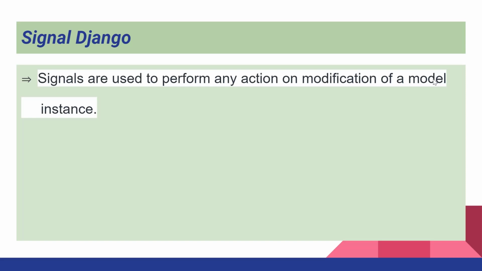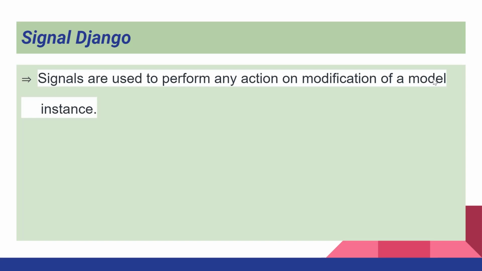A signal means one man raises a flag so that the two fighters understand this is the start of the fighting. Then he drops the flag, so that is the stop. So a signal means a particular task, a particular action.